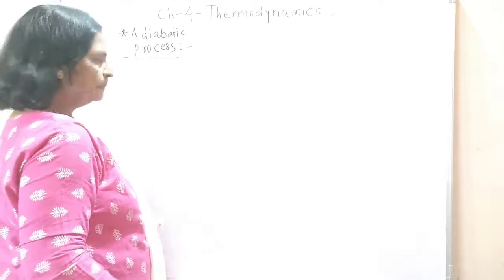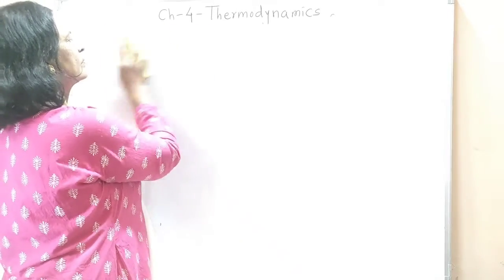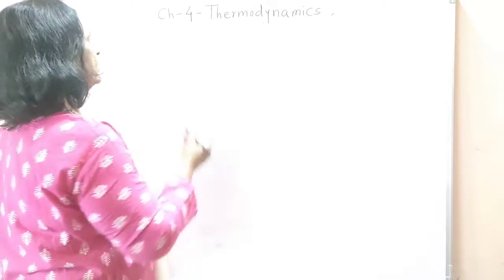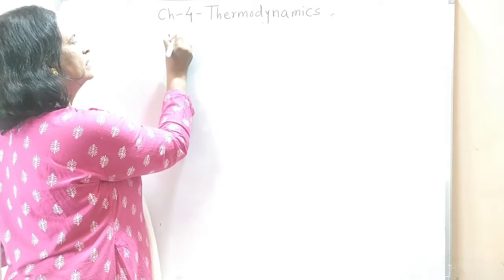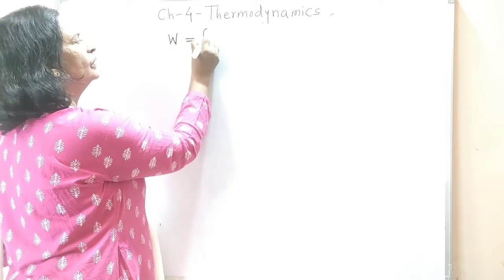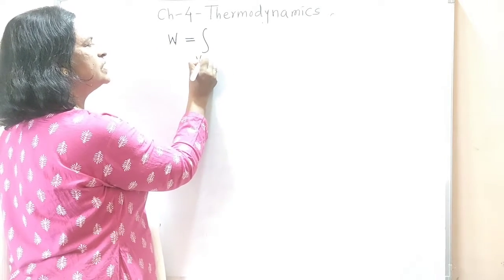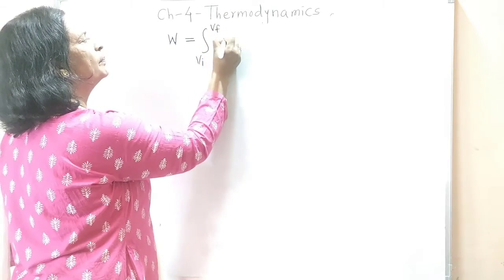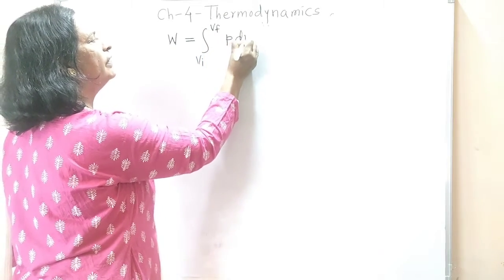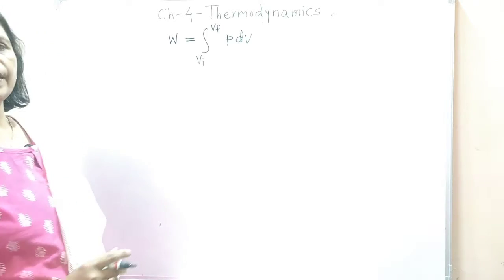Formula for work done: work done is equal to the integration within the limit Vi to Vf of P dV. This is the formula for work done.